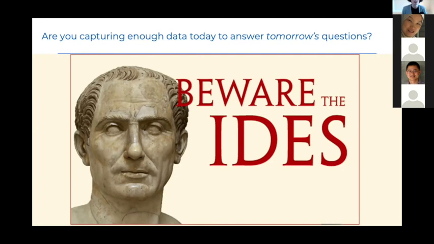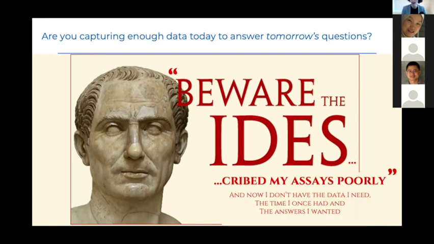And because we didn't write it down, we now don't have that data. We can't aggregate our assays as we hoped. And so part of the goal with CDD's products is to avoid problems like this, to avoid the oof moment of I described my assays poorly, and now I don't have the data I need or the time I once had and the answers I wanted.